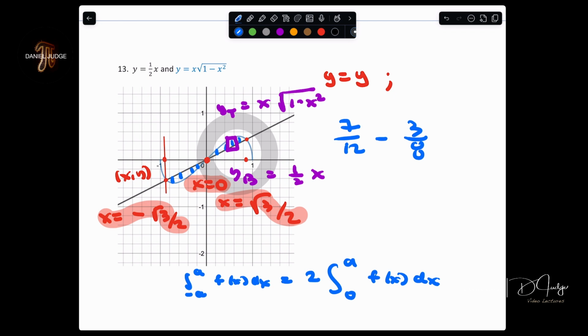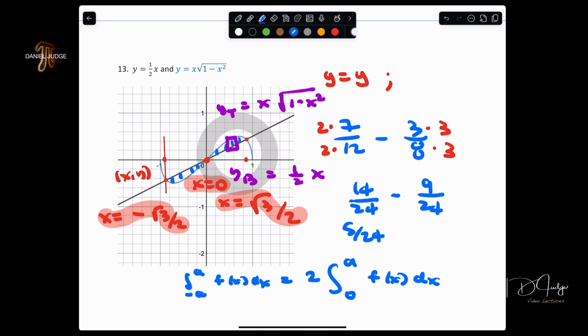We're going to multiply the top by 2, the bottom by 2. We're going to add unlike fractions, or subtract them. 14 over 24 minus 9 over 24. So the final answer looks like it's 5 over 24. So, ladies and gentlemen, that was fun. 5 over 24 will be your final answer. Just double check our arithmetic. 7 times 2. Yeah, 5 over 24. Okay, that's number 13.